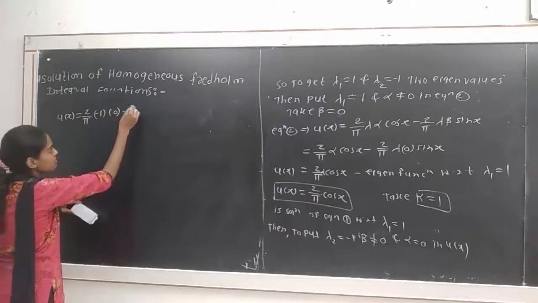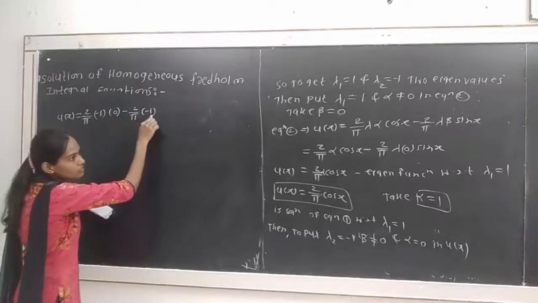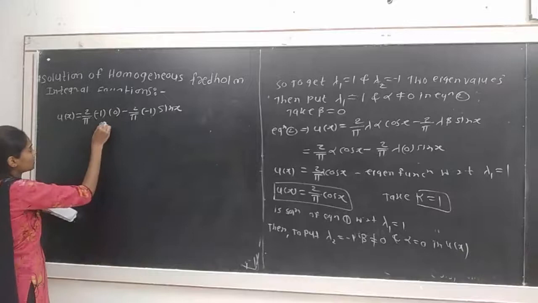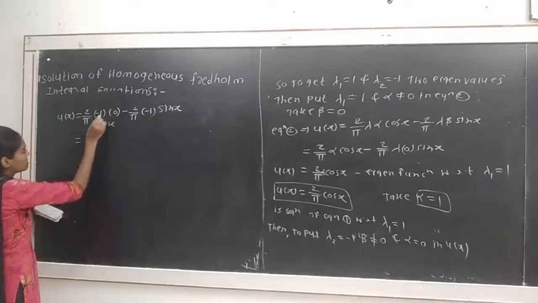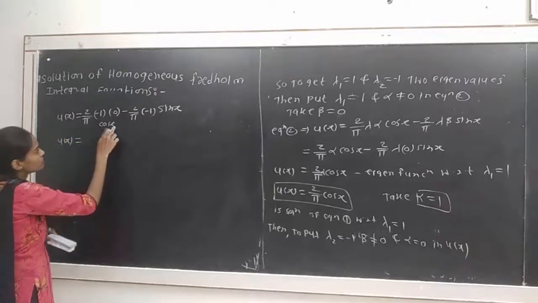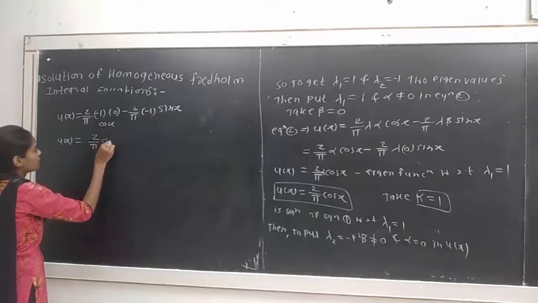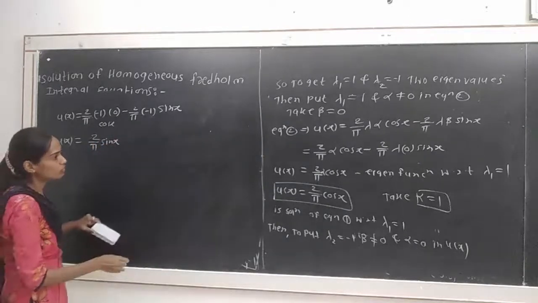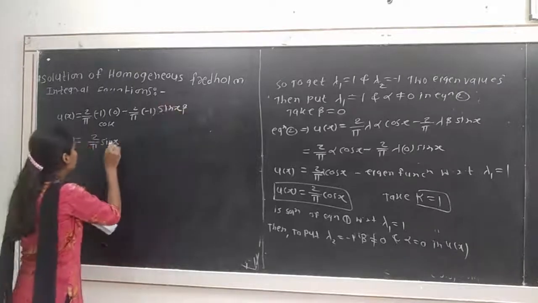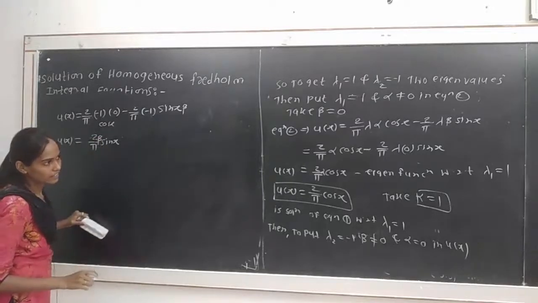Then minus 2 by pi times minus 1 sine x. The cos x term becomes 0, so this minus minus becomes plus. So u of x is equal to 2 beta by pi sine x.